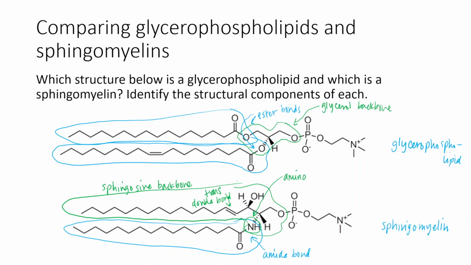So the glycerol backbone started with three OH, right? The sphingosine backbone had two original hydroxyl groups and one amino group.